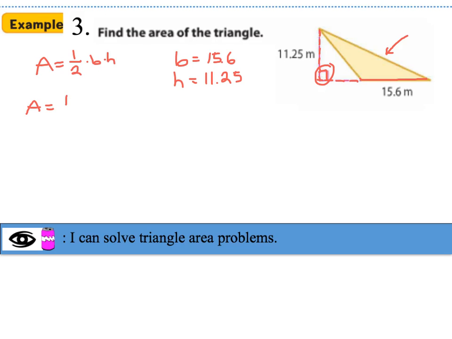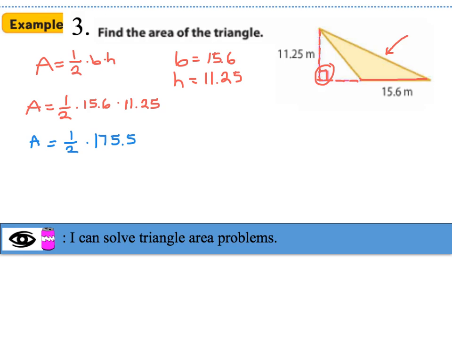Area is equal to 1/2 times our base, which is 15.6, times our height, which is 11.25. So let's go ahead and multiply these numbers. If I multiply 15.6 times 11.25, I get 175.5. Then I have to multiply that with 1/2.